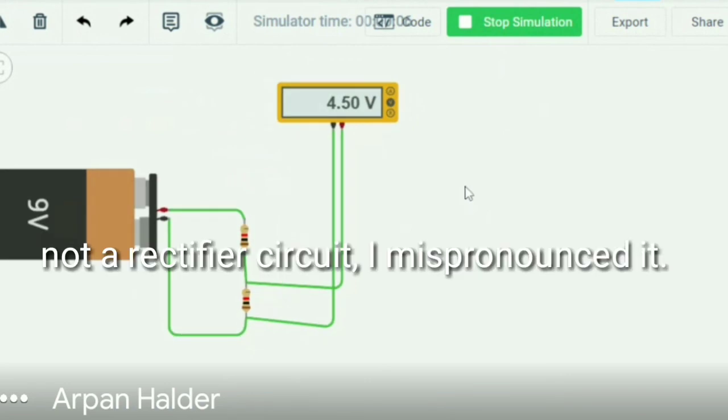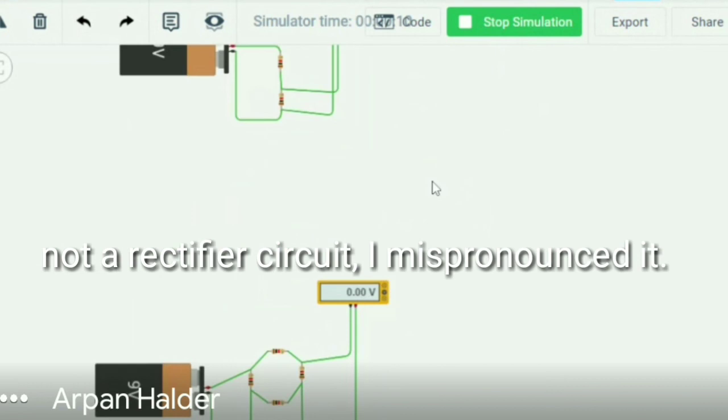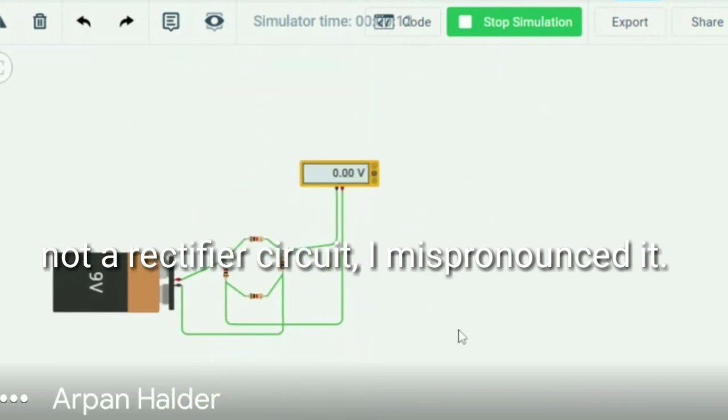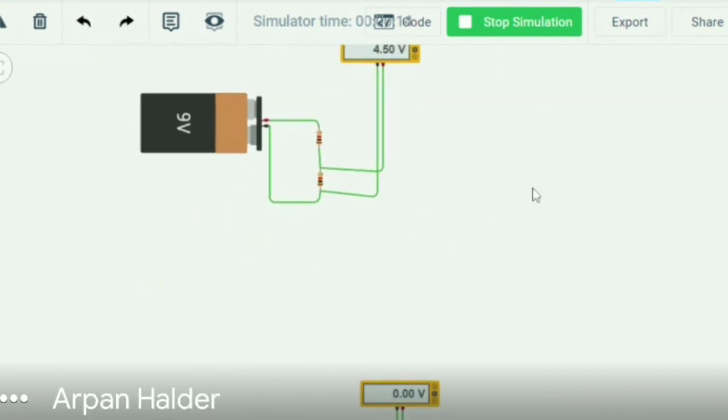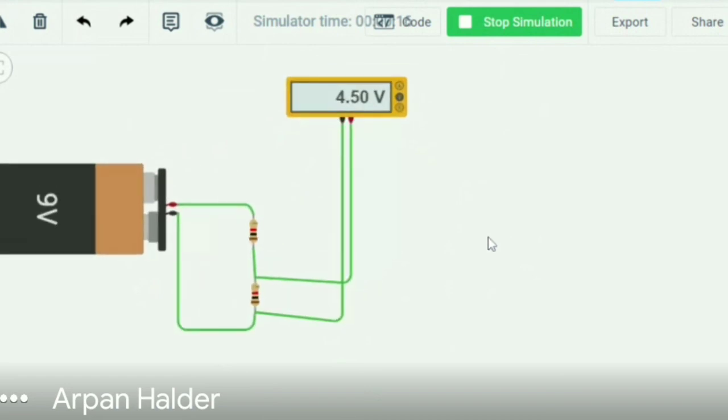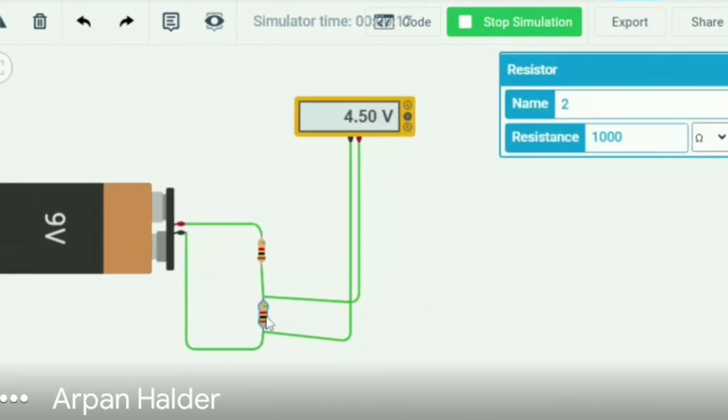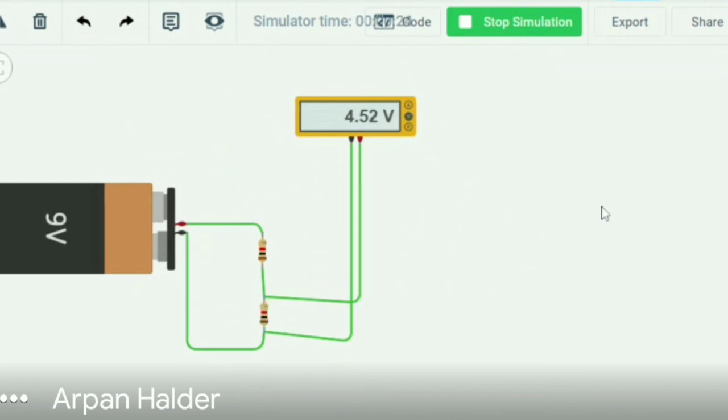In this case, a change in resistance also changes the output voltage here, and as you can see, that change is minimal compared to the total voltage here.